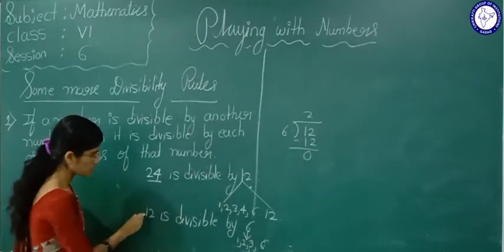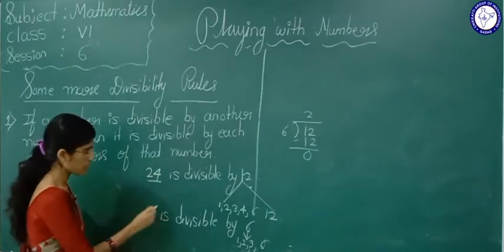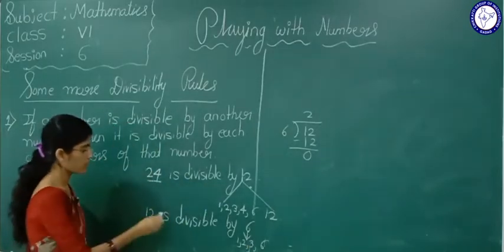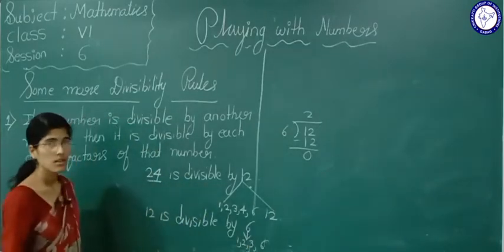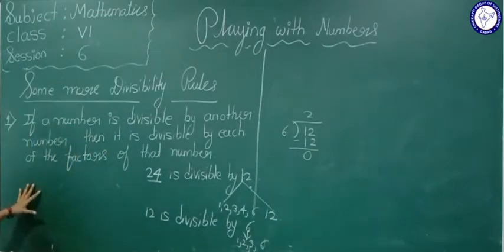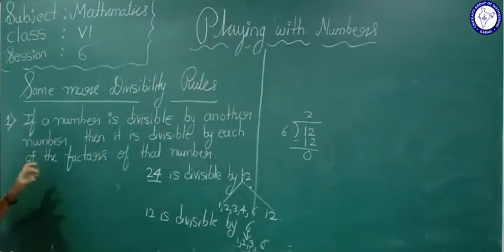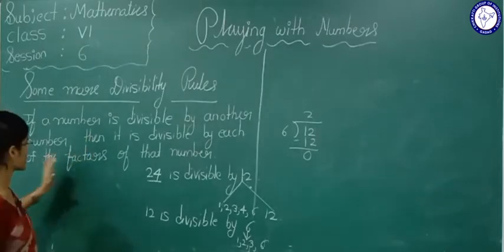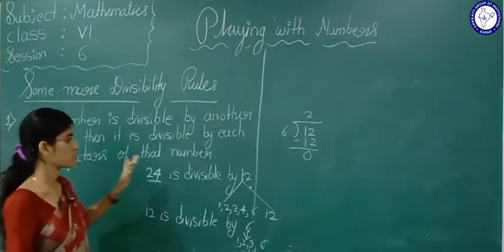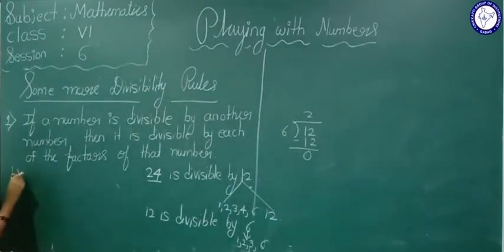Now see, 12 divided by 1 is 12. 12 divided by 2 is 6. 12 divided by 3 is 4. 12 divided by 6 is 2. What does the first rule tell us? That if a number is divisible by another number, then it is divisible by each of the factors of that number. So this is about the first rule.